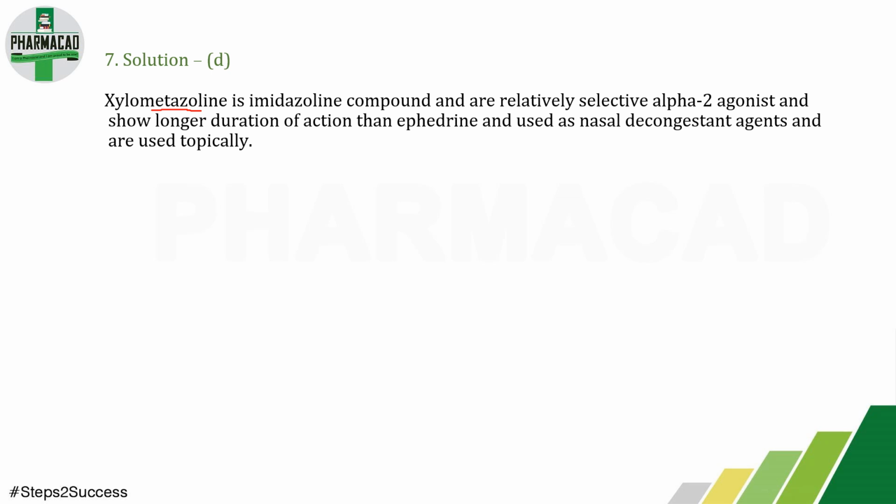It is a relatively selective alpha-2 agonist, and it shows a longer duration of action than ephedrine. It is used as a nasal decongestant agent, with a topical route of administration.